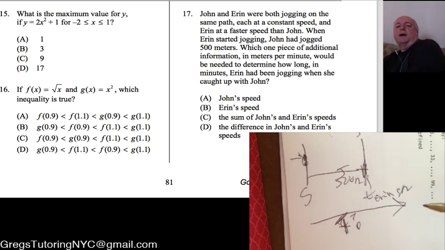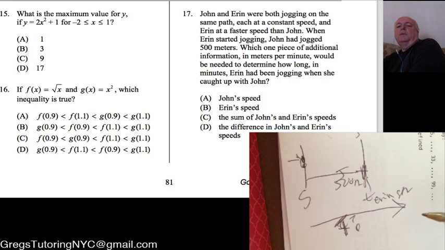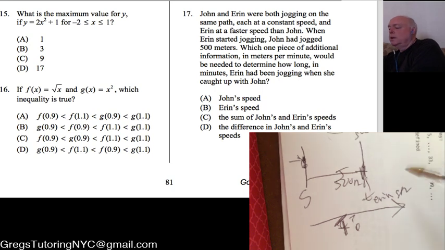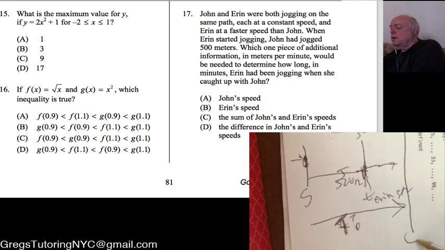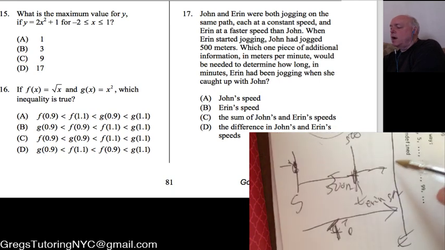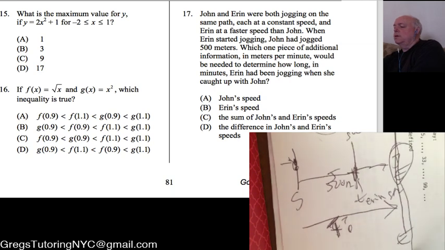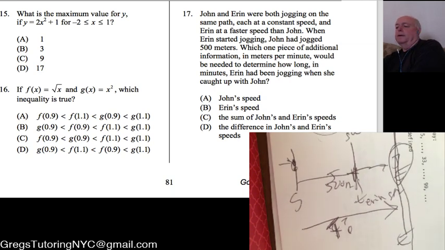After some amount of time, which one piece of additional info in meters per minute would be needed to determine along how many minutes Erin has been jogging when she caught up with John? So at some point along here, so let's call the end, both John and Erin are both at some certain line in time. All right?